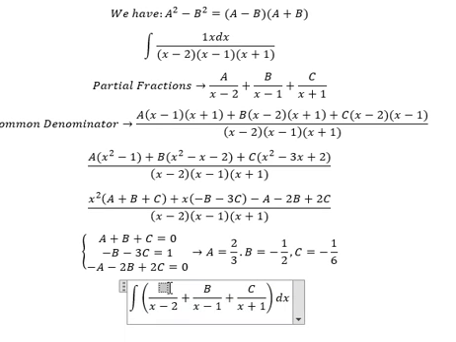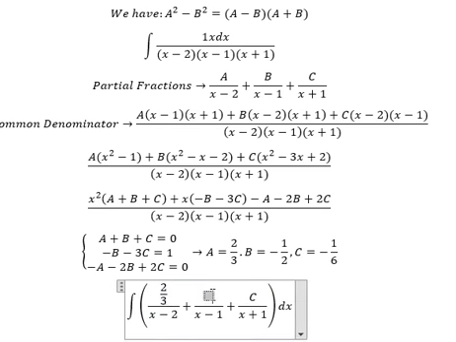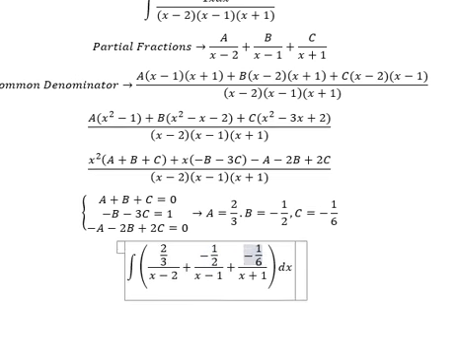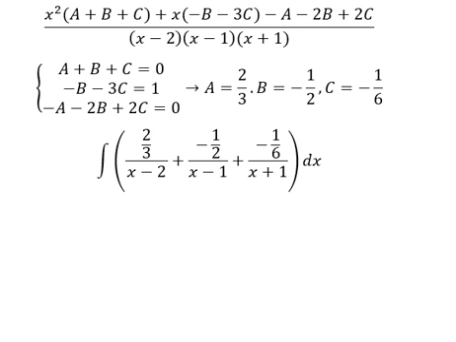So A equals 2 over 3, B equals negative 1 over 2, C equals negative 1 over 6. And now we have the final answer.